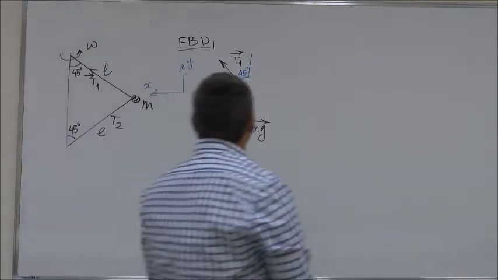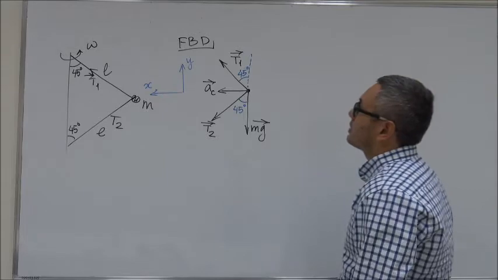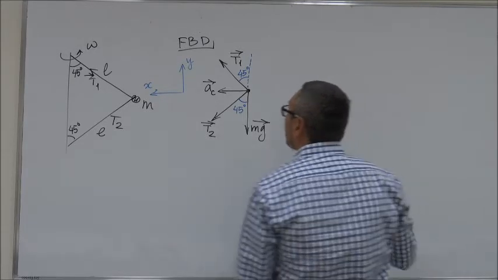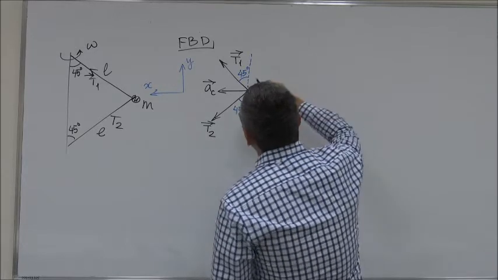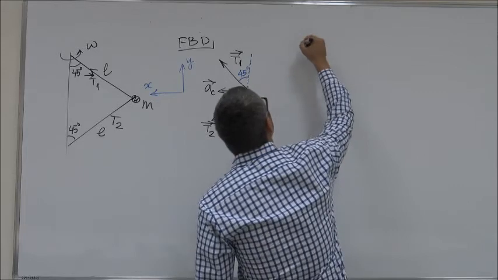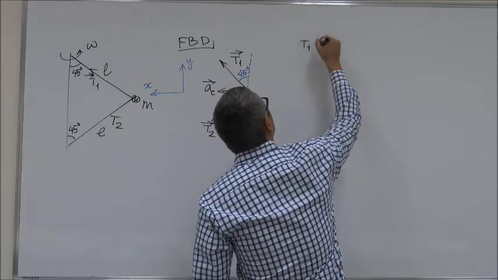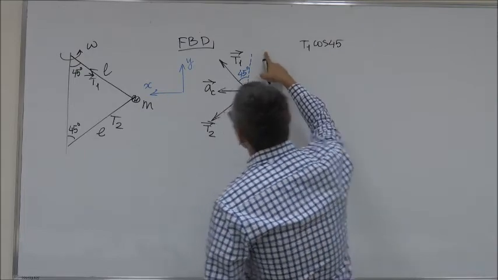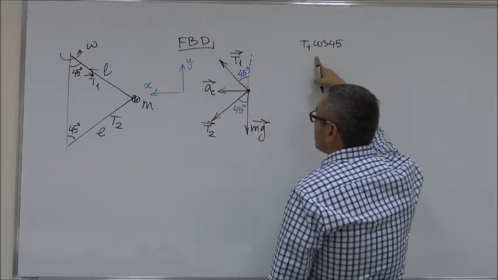So now we can write Newton's second law, and let's start with the y-axis. So in the y direction, we have tension 1, which has a y component equal to T1 cosine 45, and is pointing in the positive y direction, so it's with plus.